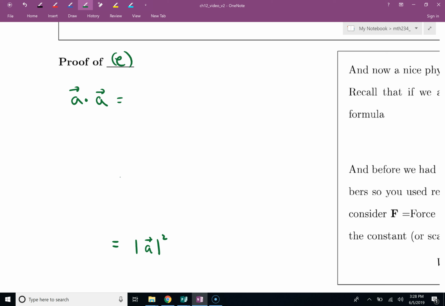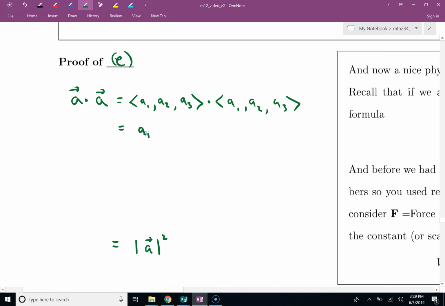So, the vector A. If we want to do the dot product, let's write out some components. I'm going to say A1, A2, A3 are the components of A, and we're dotting it with itself, A1, A2, A3. If I dot product these, we take the first component and multiply it by the other first component, which happens to be itself.